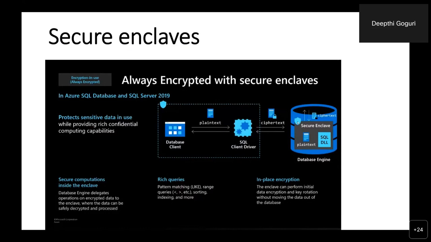It is responsible to encrypt the data, decrypt the data while it is being processed, and encrypt it back again. So it is used by the secure enclave. It's a technology where the database engine will delegate the operations on the encrypted data to the enclave, where the data can be safely decrypted and processed.